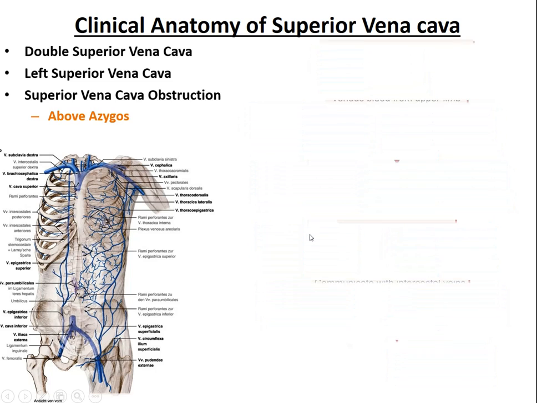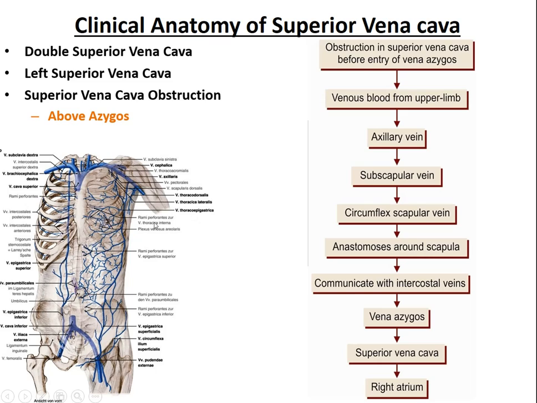In addition, there is another channel which you have already learned in the upper limb: the anastomosis around the scapula. The axillary vein to the subscapular, to the circumflex scapular, ultimately goes to the posterior intercostal vein and the azygos venous channel.